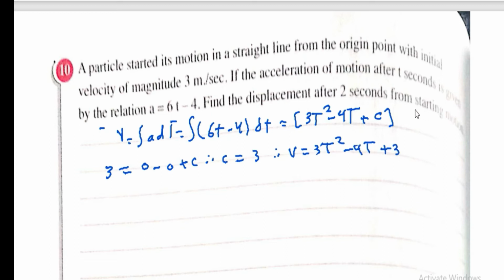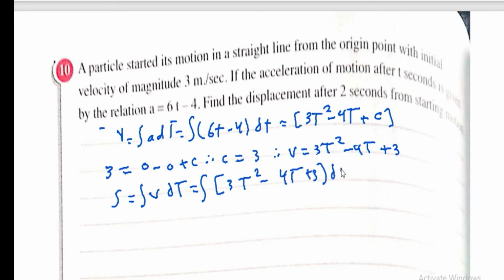Find the displacement after 2 seconds from the starting motion. S equals integration of v dt, equals integration of 3t squared minus 4t plus 3 dt. S equals 3t cubed divided by 3, which is t cubed, minus 4t squared divided by 2, plus 3t plus a new constant c1.